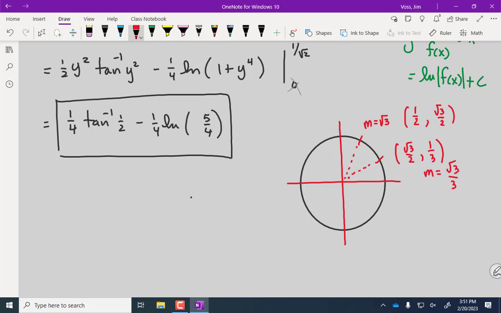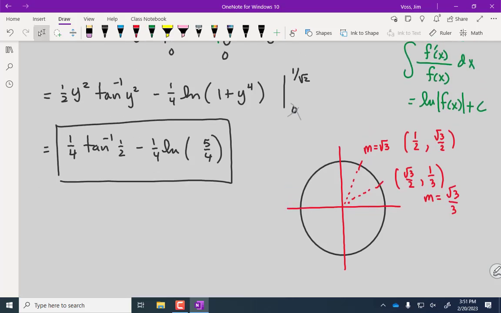So those are the three we know. Arctan of 1, arctan of root 3, and arctan of root 3 over 3. Those are the only three we know for arctans. If it's any number other than those, we can't do anything. It's just an irrational angle.